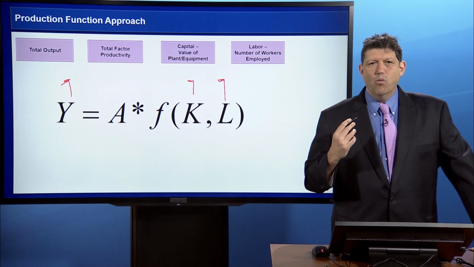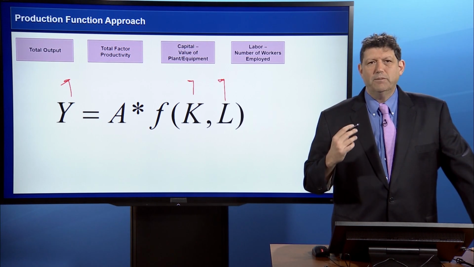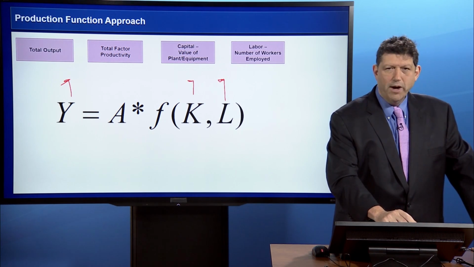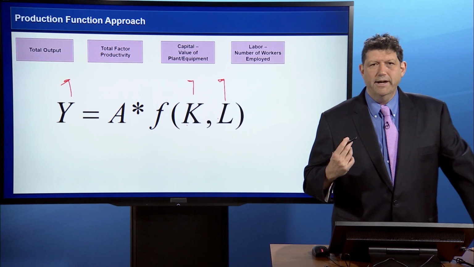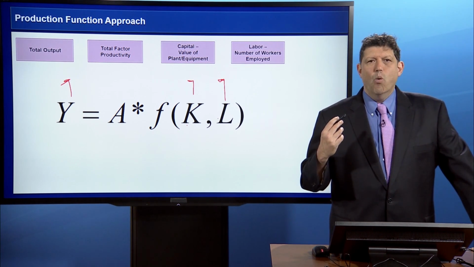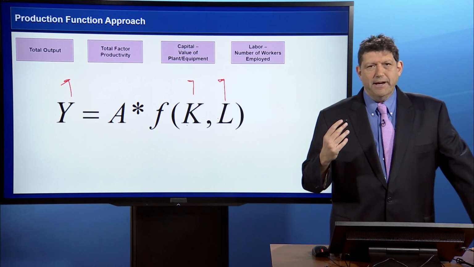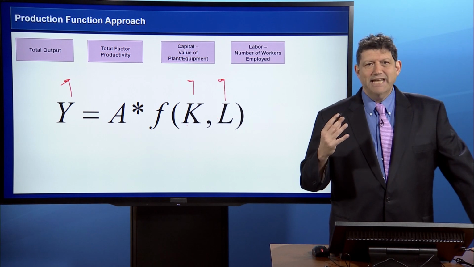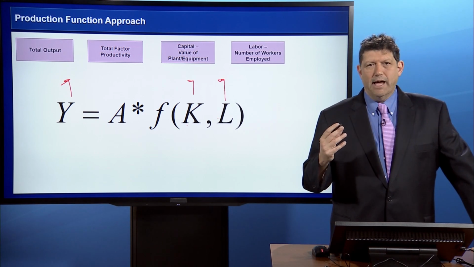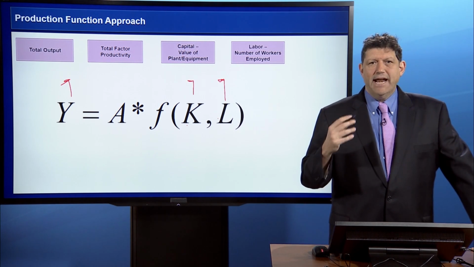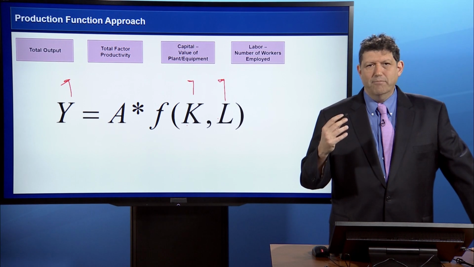You probably know that what we've done here is just multiply each of these factors by 1.01, and we get 1.01 times our original output. This property, in fact, extends to any number, so we can multiply both capital and labor by any x, and we can see that output will also change by that multiple of x.